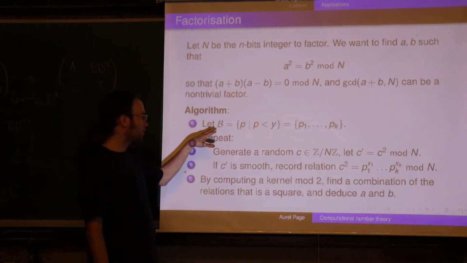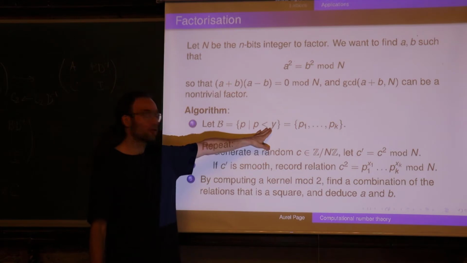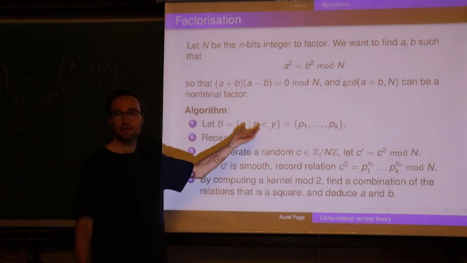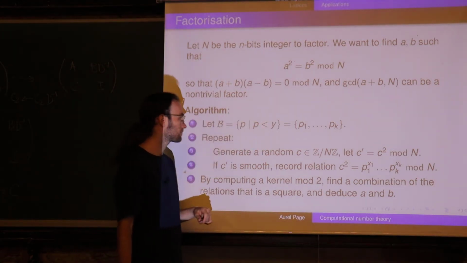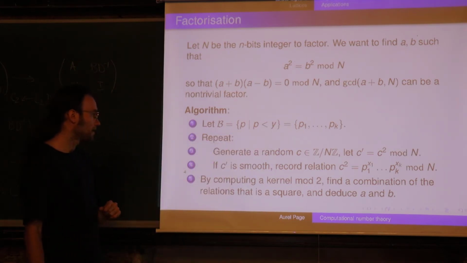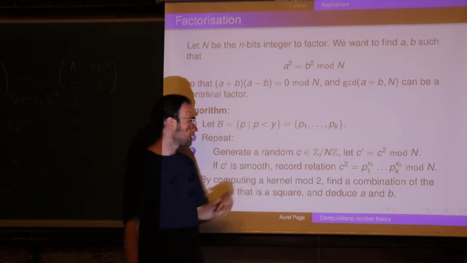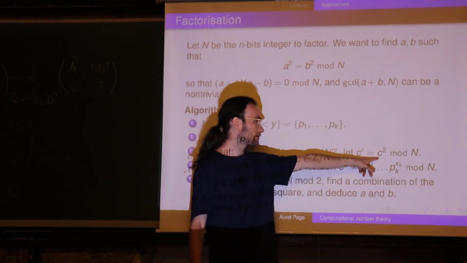We choose a factor base, B, which is going to be the set of primes up to a bound y, and we will see how we select y in a bit. So that's a finite number of primes. And we'll repeat the following. We generate a random element c modulo n, and we square it.